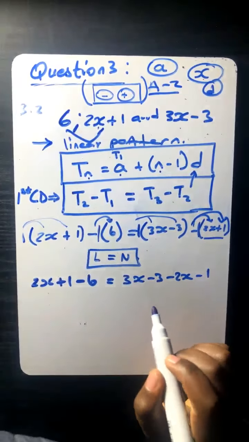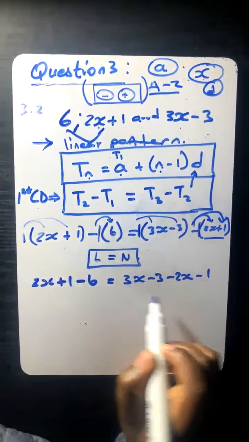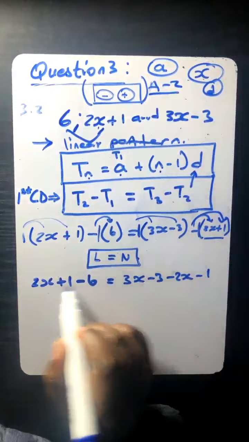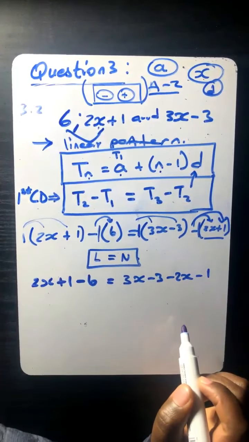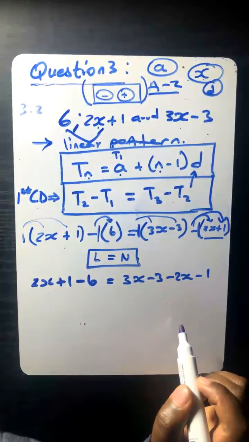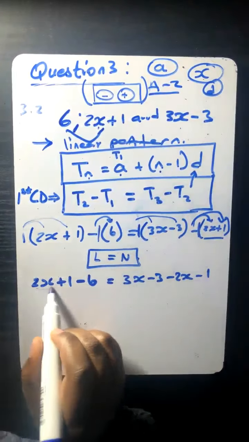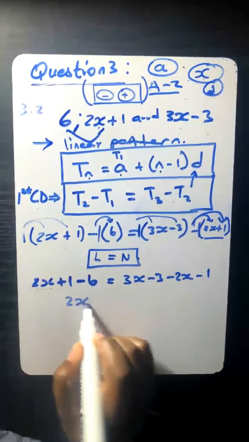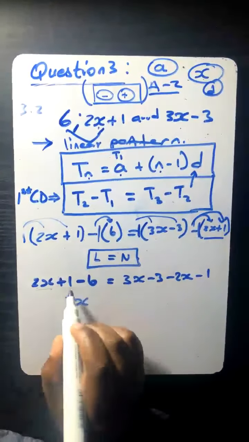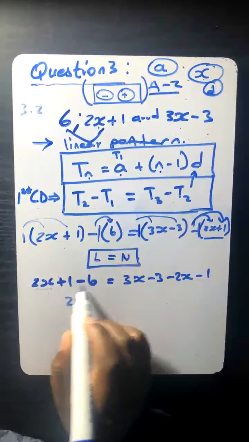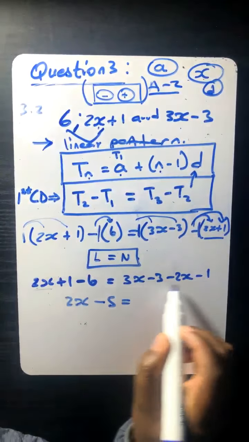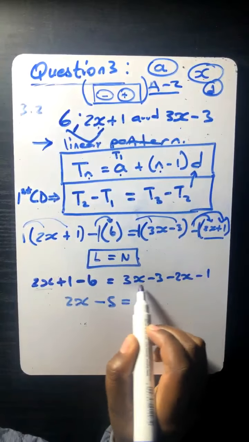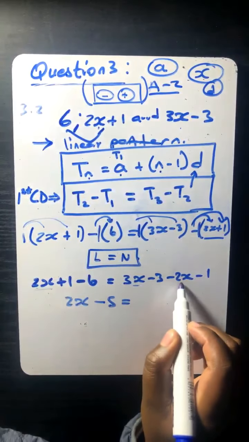What is it saying? It says all the letters that I'm seeing there, I must move them to the left. And Shreyas said you must move all the numbers to the right. So let's see. Here we are having this letter. So we have 2x on the left. What is that minus that? I think it's negative 5. Then on the right, what am I having? I have this and that.